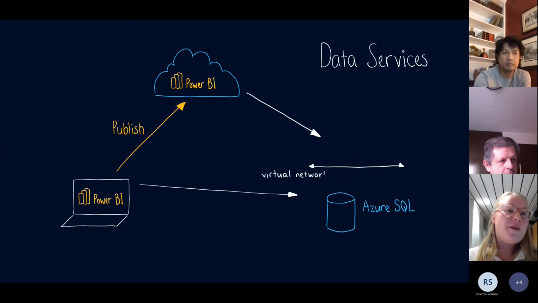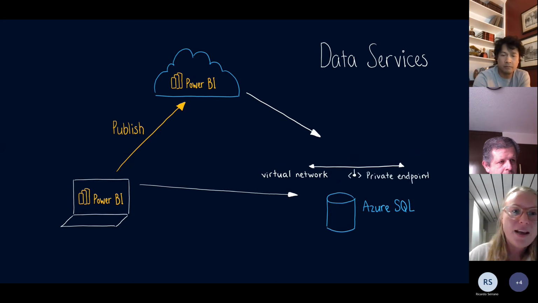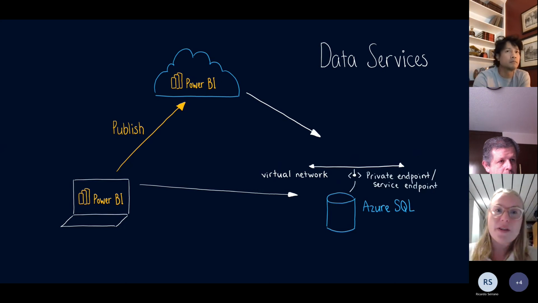So nowadays there is this capability for us to link our data services that are not virtual machines to a virtual network. We can do this in two different methods. They differ slightly, but the general idea is that we can connect with a private endpoint or a service endpoint.